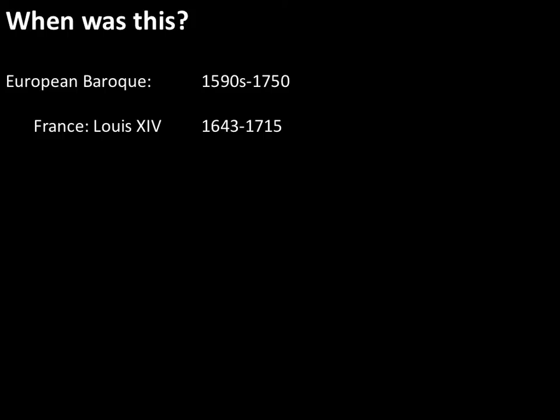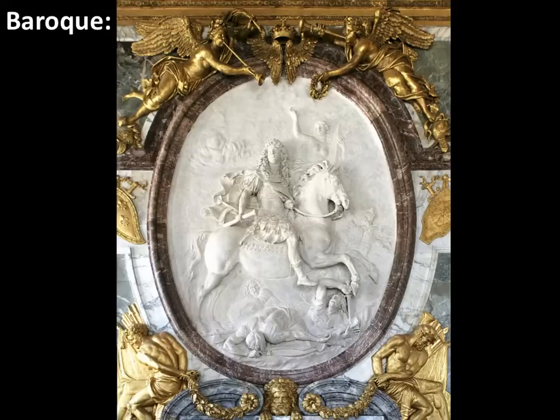So there you go. Those are the formal dates of these various design periods. So yes, Baroque comes before Rococo. It starts pretty much in Rome, moves into France, develops into a unique French look, and then that develops into the Rococo. So let's start by taking a look at Baroque.